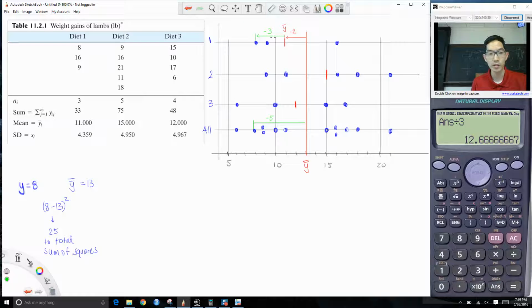So we're going to say 8 minus 13 is going to be broken out into 11 minus 13.